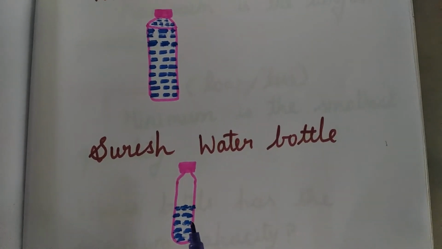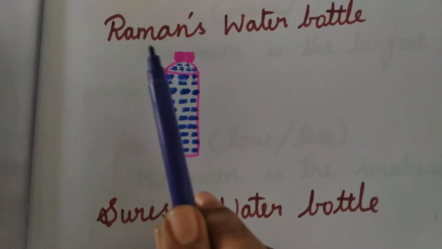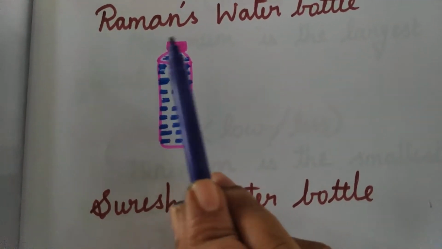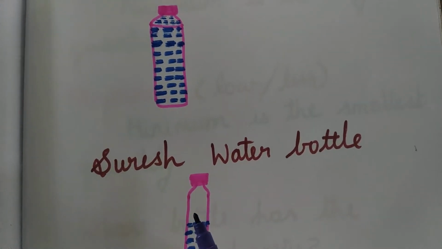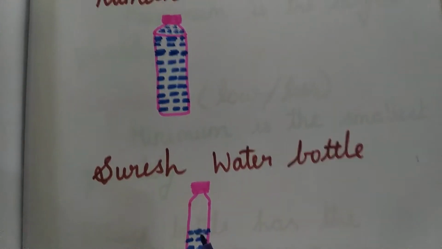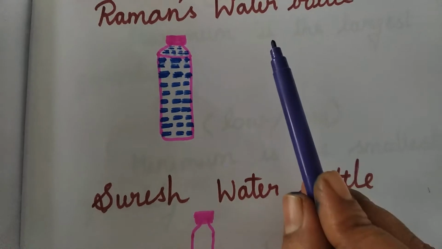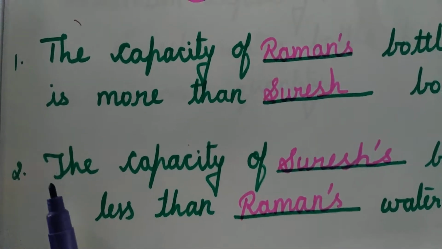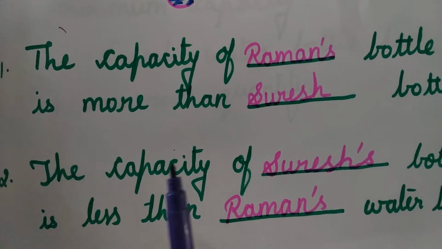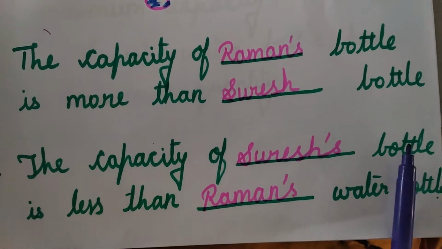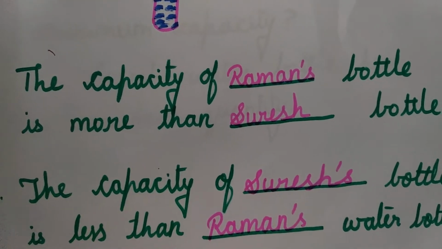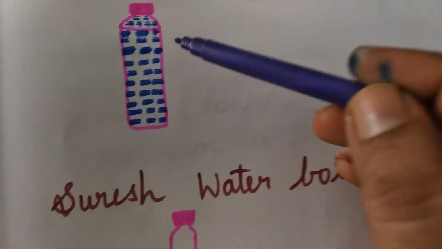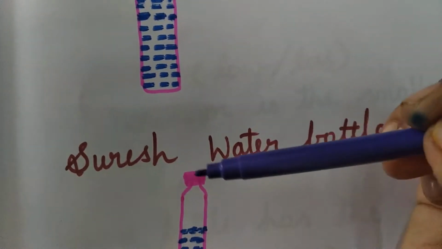With whom are we comparing? Yes, we are comparing with Raman's water bottle. So the capacity of Suresh's water bottle is less than Raman's water bottle. That is what we have written in words. See here, the capacity of Suresh's water bottle is less than Raman's water bottle. We are just comparing these two bottles, less and more.